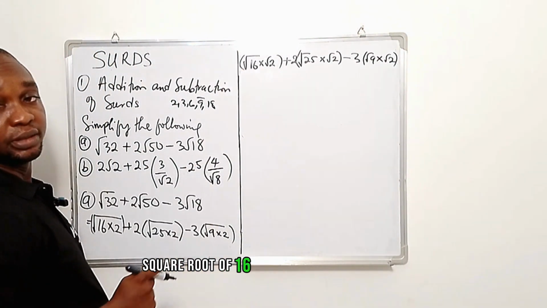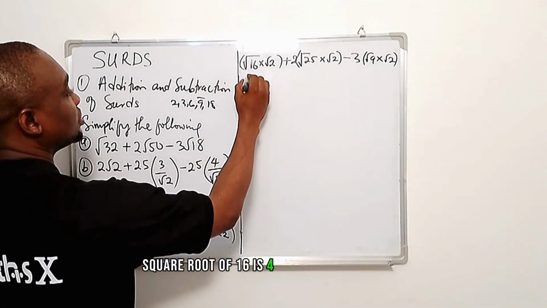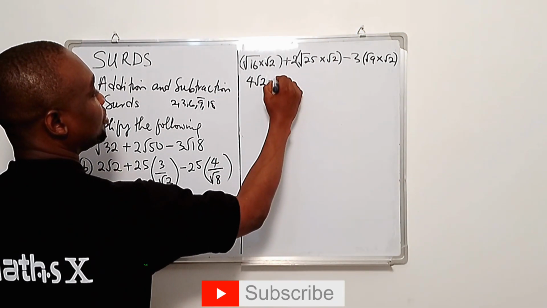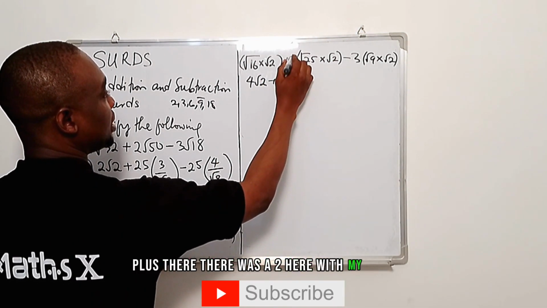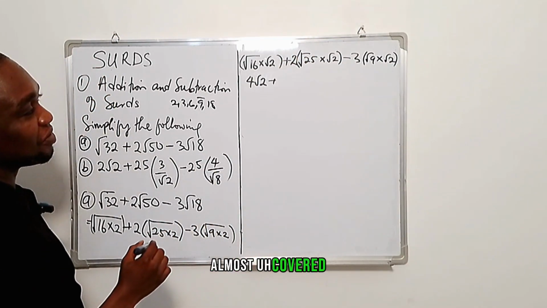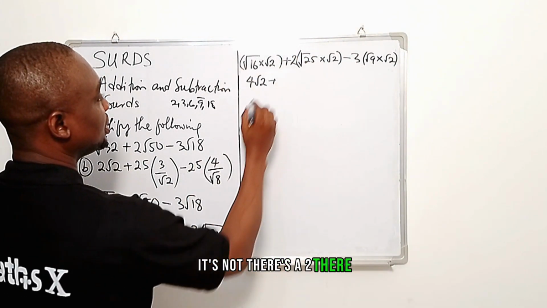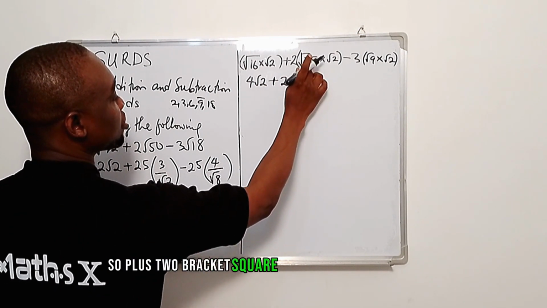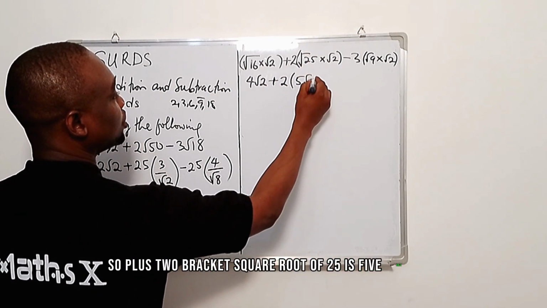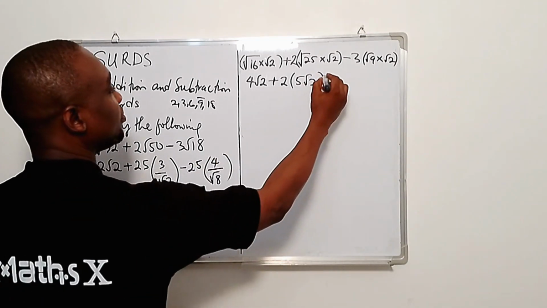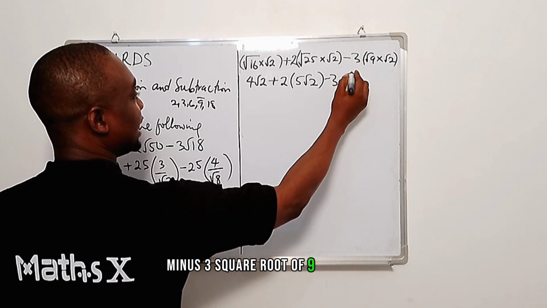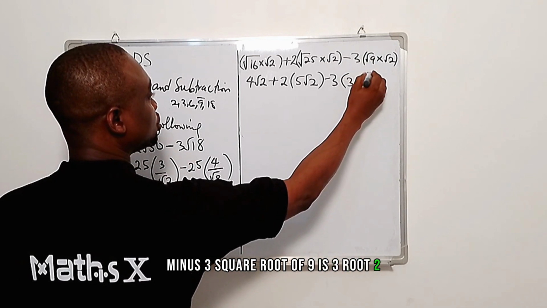Square root of 16 is 4. So 4 root 2, plus, there was a 2 here, though my bracket almost covered it. So plus 2 bracket, square root of 25 is 5 root 2, minus 3. Square root of 9 is 3 root 2.